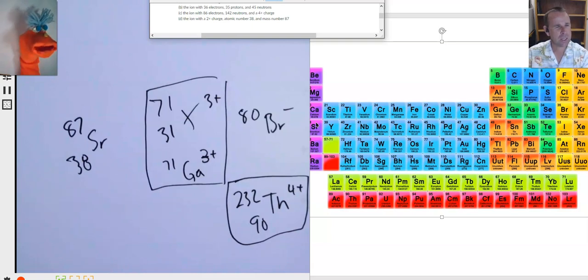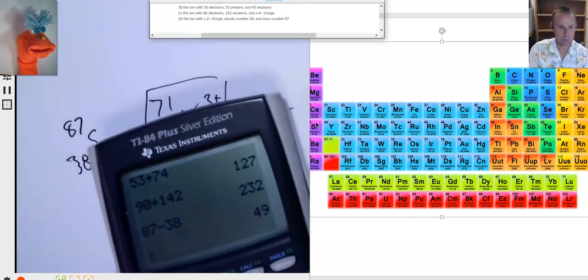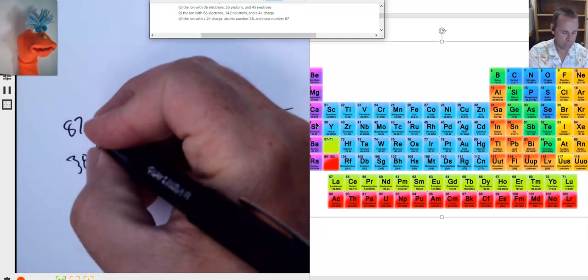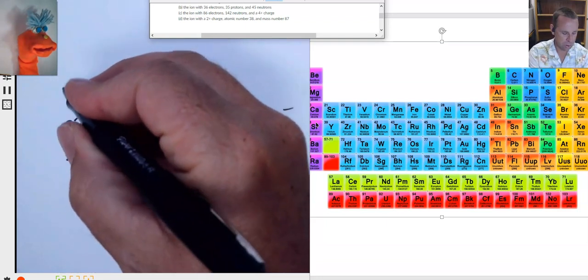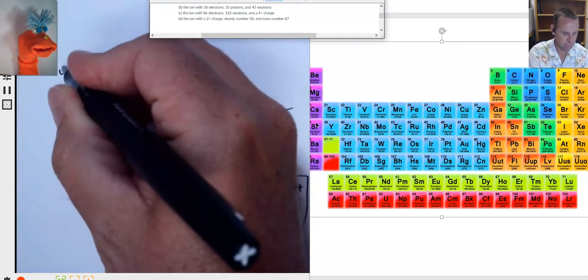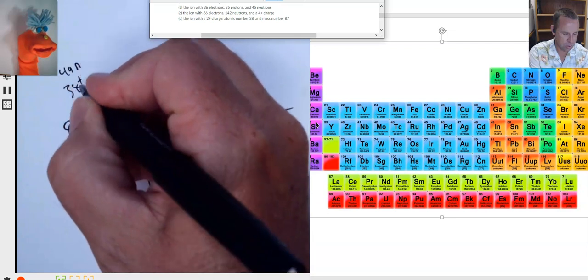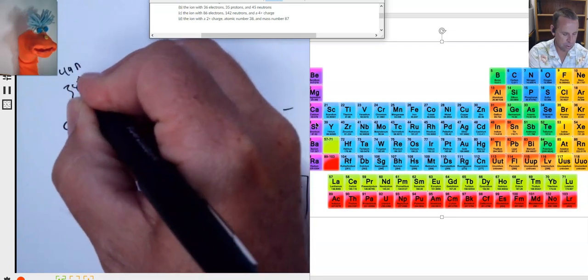87, how many neutrons does something like this have? 88, 87 minus 38. Very good. So 87 minus the 38 gives us our 49. So we got 49 neutrons. So 38 protons, 49 neutrons, protons like that.